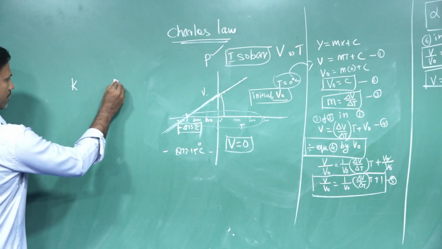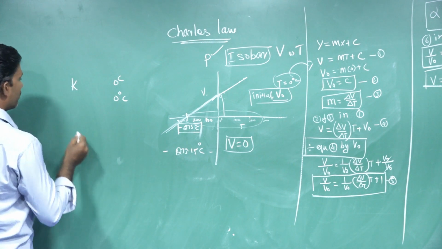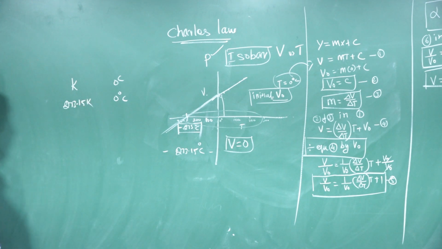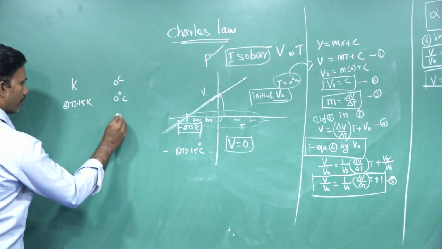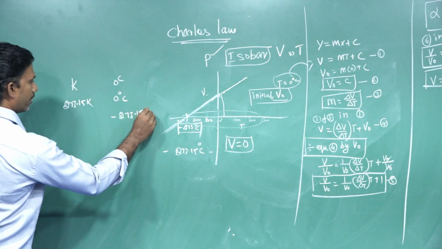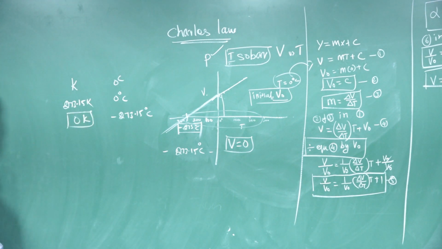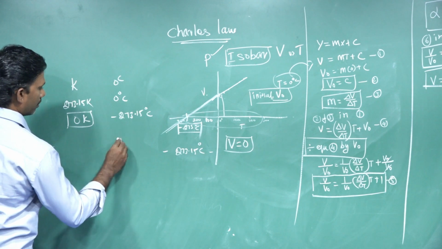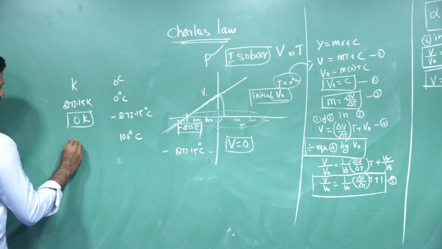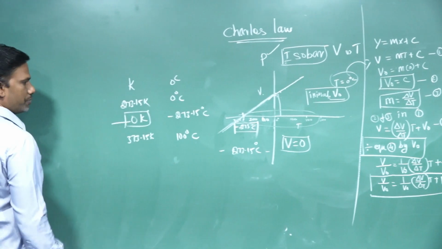On the Kelvin and Celsius scales, 0 degrees Celsius equals 273.15 Kelvin. Minus 273.15 degrees Celsius is called 0 Kelvin. 100 degrees Celsius is 373.15 Kelvin.